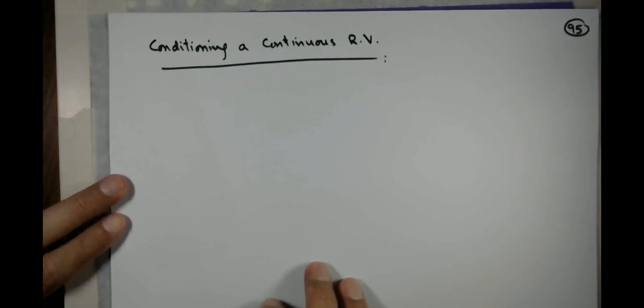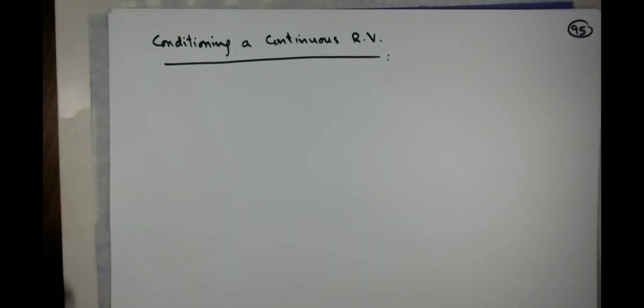This should be easy. This is already known to you that the conditional PMF can be obtained by dividing the original PMF by the probability of the conditioning event.